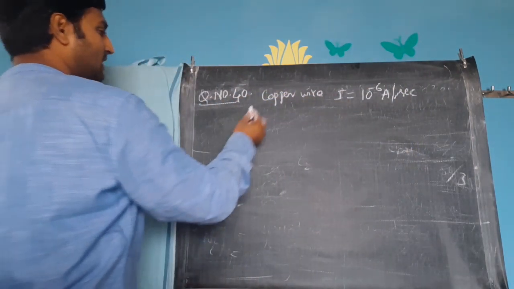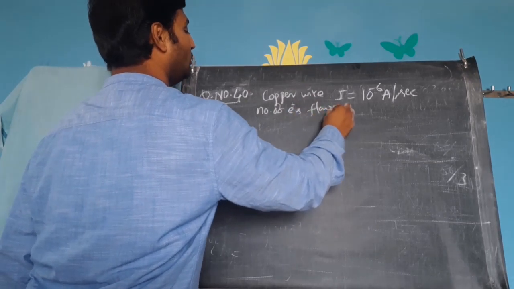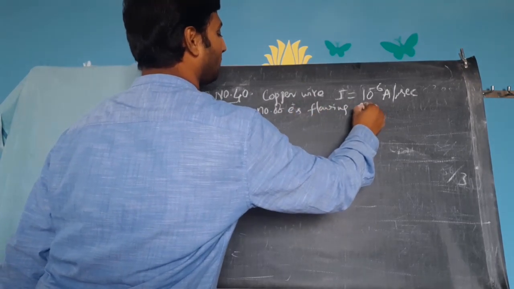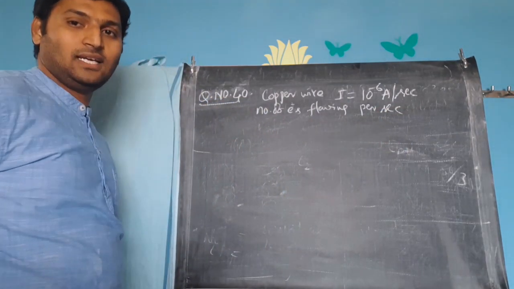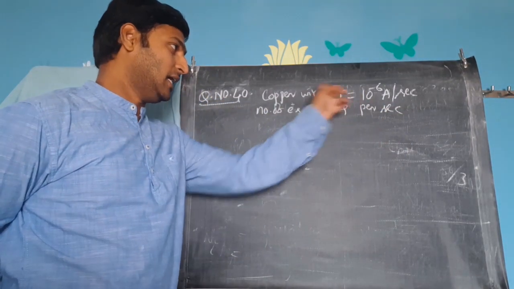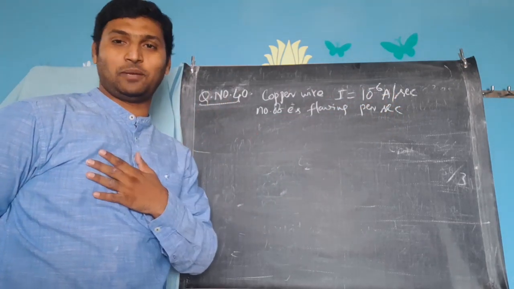Then he is asking the number of electrons flowing through it per second.